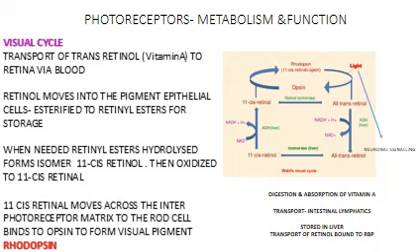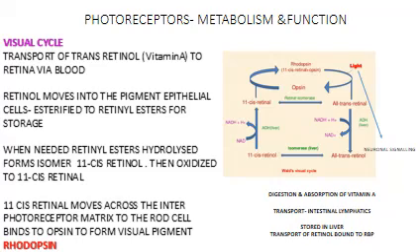The 11-cis retinal will move across the interphotoreceptor matrix to the rod cell and bind to opsin to form the visual pigment rhodopsin. So this diagram gives you the Wall's visual cycle, of which you are very familiar with.